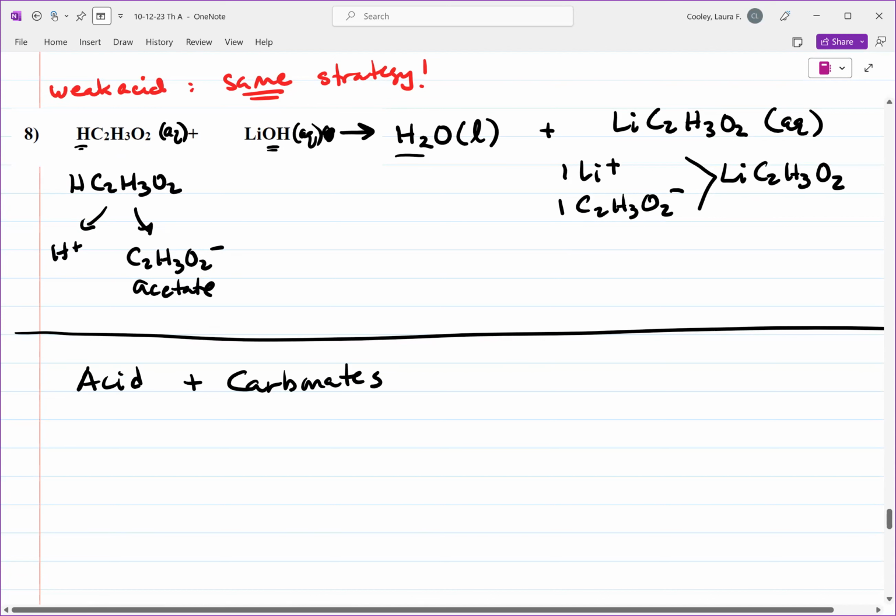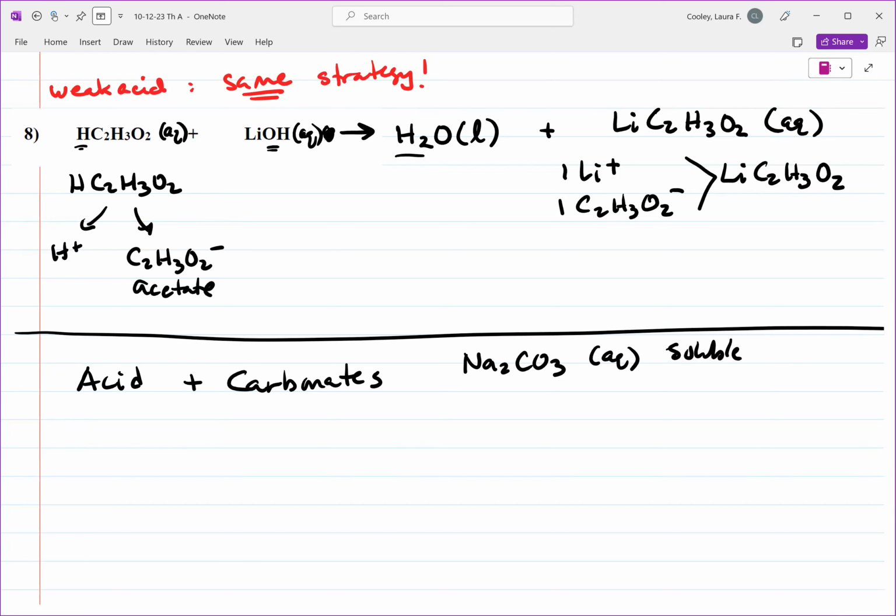Carbonates are like sodium carbonate, which is aqueous, I guess I should say it's soluble, and magnesium carbonate, which is insoluble. And then there's also acid plus bicarbonates.